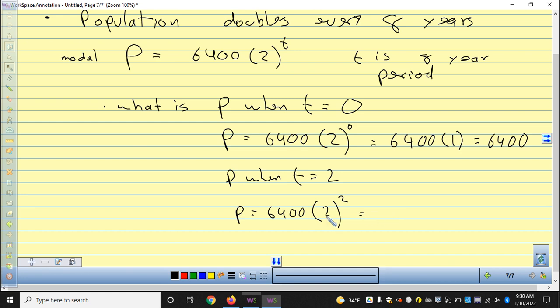What's 2 times 2? 2 times 2 is 4. 6,400 times 4, which is, what does that come out to? 25,600.